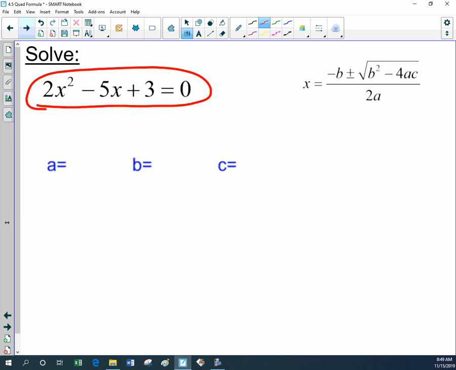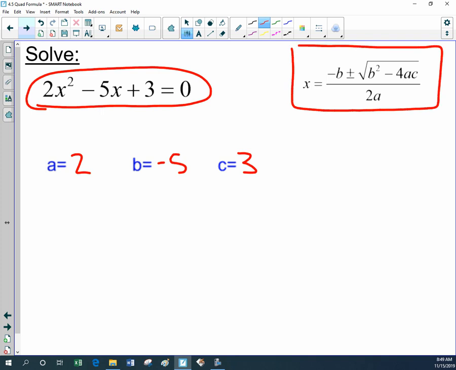Okay, so once it's in standard form, then identify the value of A, B, and C. So A is 2, B is -5, and C is 3.